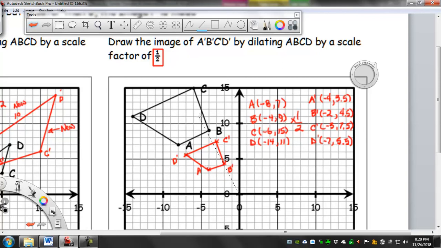If I go to B, do you see where they line up? If I line up with B, it automatically lines up with B prime. If I line up with C, it automatically lines up with C prime. If I line up out here with D, it automatically lines up with D prime. So I know I've done my dilation correct. Okay, so that finishes the notes, and there we go.